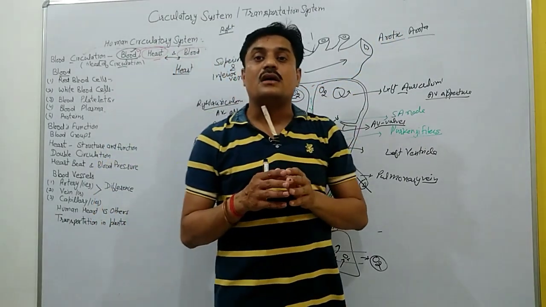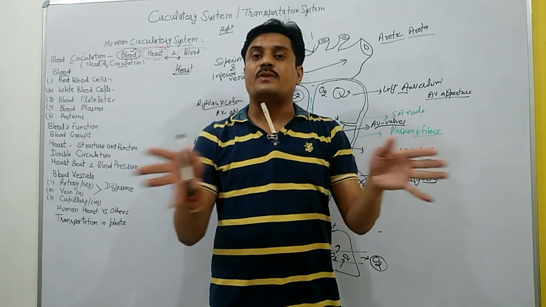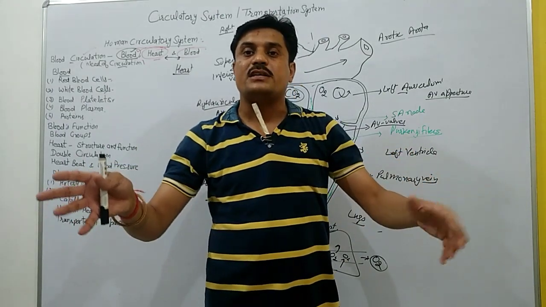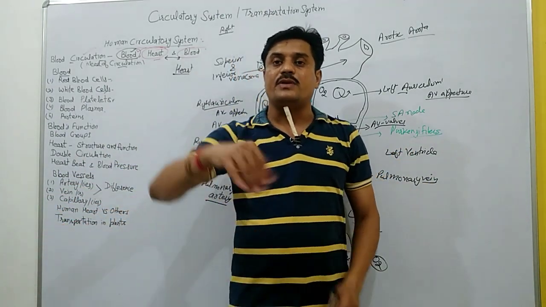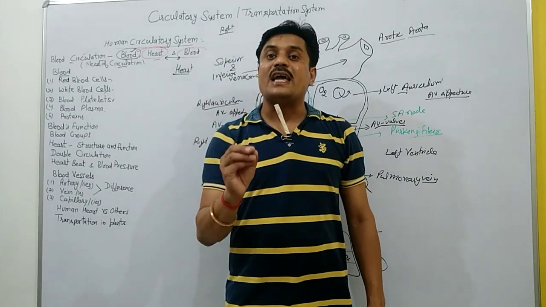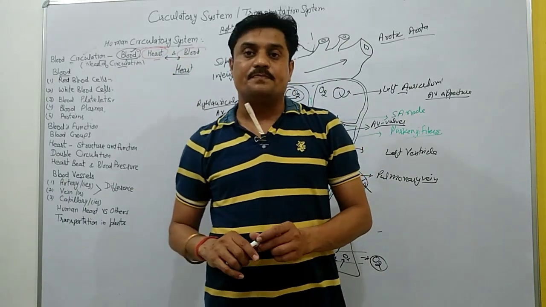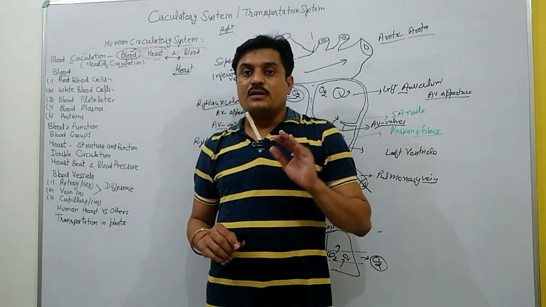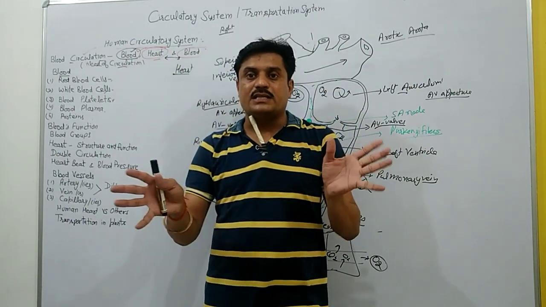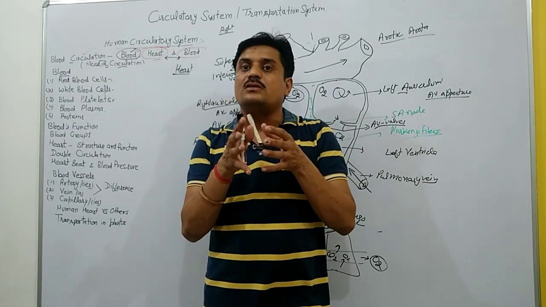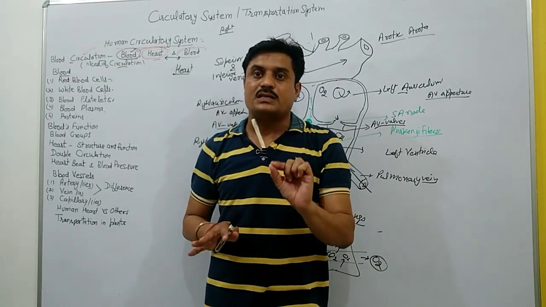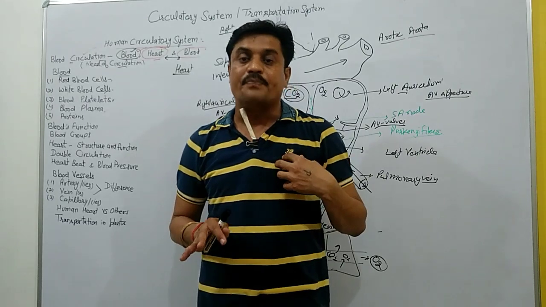Then this aorta further divides into many branches, and still finer branches, and ultimately it ensures the supply of the oxygen containing blood to every cell of the body. With the branching, the blood pressure goes on decreasing. The highest blood pressure is noticed in the aorta.